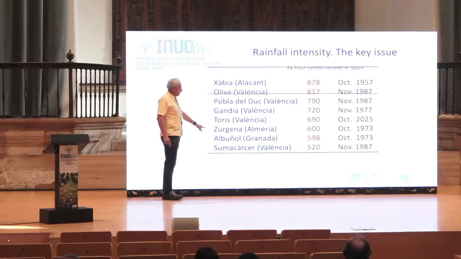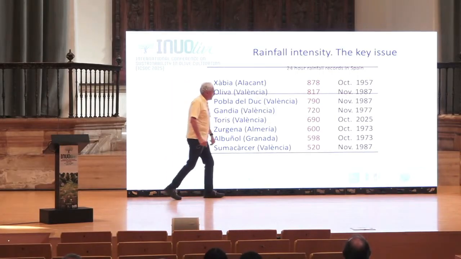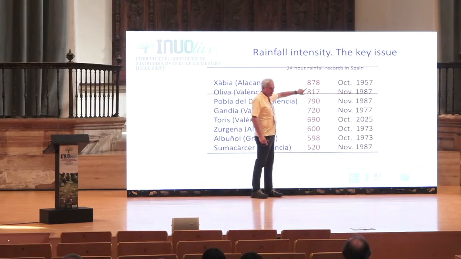You see, most of the areas are in the eastern part of Spain, in the coastal land, because of the flow of water vapor from the Mediterranean sea. You see the names of the cities, and these are the numbers. In all these places, the mean annual rainfall is 400 to 500 millimeters. But in one day, they got this amount of rainfall.